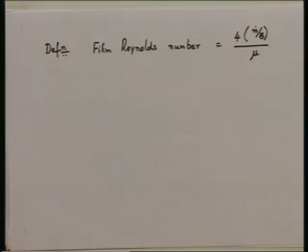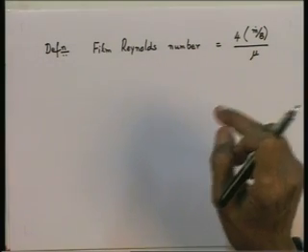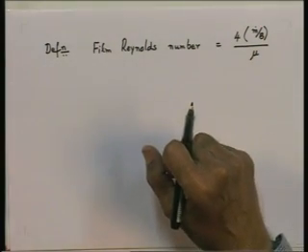M dot by b is the flow rate of liquid in the condensate film at any cross section z, and b is of course the width of the plate. So, m dot by b is the flow rate per unit width. I divide it by the viscosity of the liquid, and the 4 is a number which has by convention been used, and we get therefore what is called the film Reynolds number.